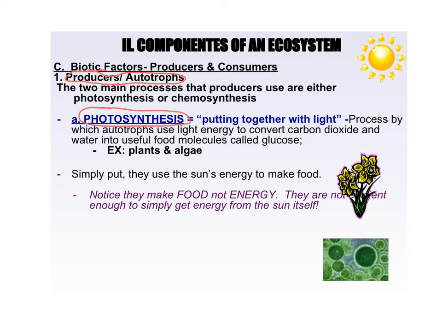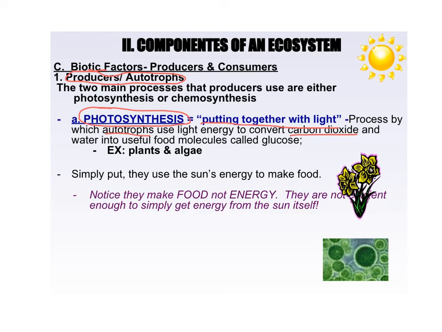Now later on this semester, we're going to have a whole unit on photosynthesis. It will be pretty difficult, but let's start learning it now. Photosynthesis means putting together with light. And it's the process by which autotrophs, or producers, plants, use energy to convert carbon dioxide, that's a gas that's in the air.